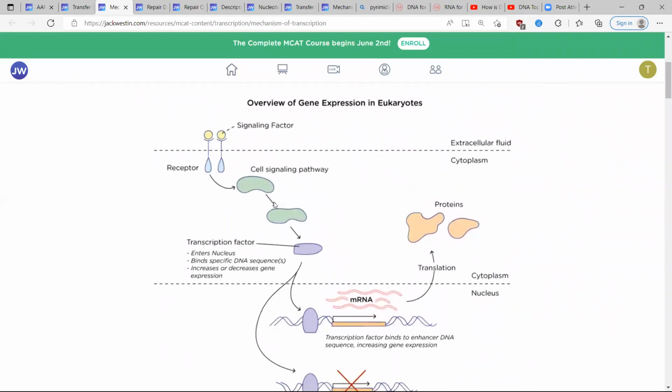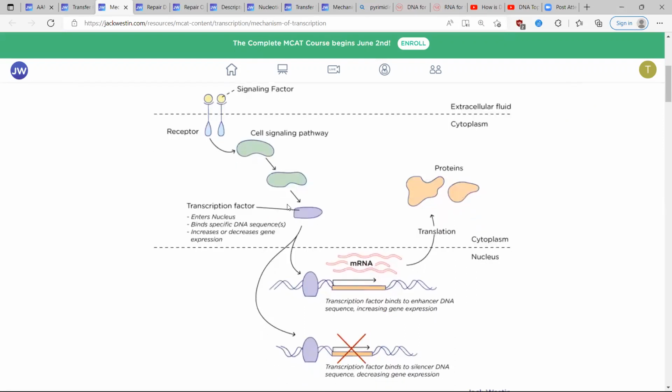So we'll have the cell signaling pathway that's eventually going to lead to the production of something called a transcription factor. A transcription factor is very important because it's able to cross this boundary between the nucleus and everything outside of the nucleus, the cytoplasm, right? Because it basically is another messenger.